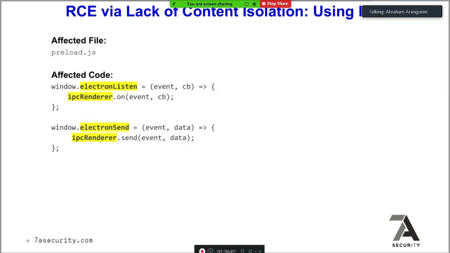So you can have different event listeners like this on the preload script. The preload script is always very important to pay attention to, because sometimes it can give you interesting attack surface. You have Electron listener, Electron listen, Electron send, and stuff like this you can exploit, right?